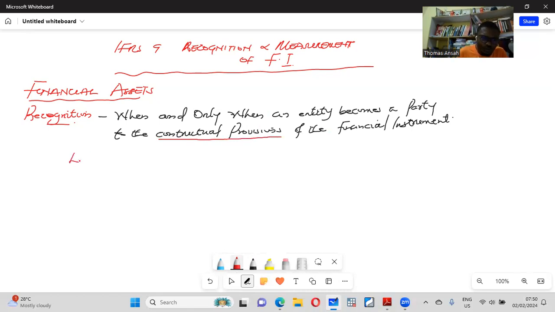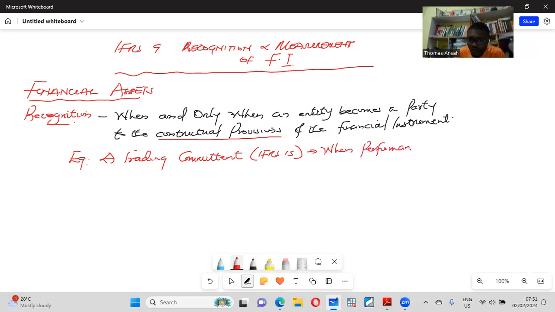So for example, if you take a trading commitment, the law governing a trading commitment is IFRS 15. And IFRS 15 says that you become a party to the contractual provision when the performance obligation is satisfied.